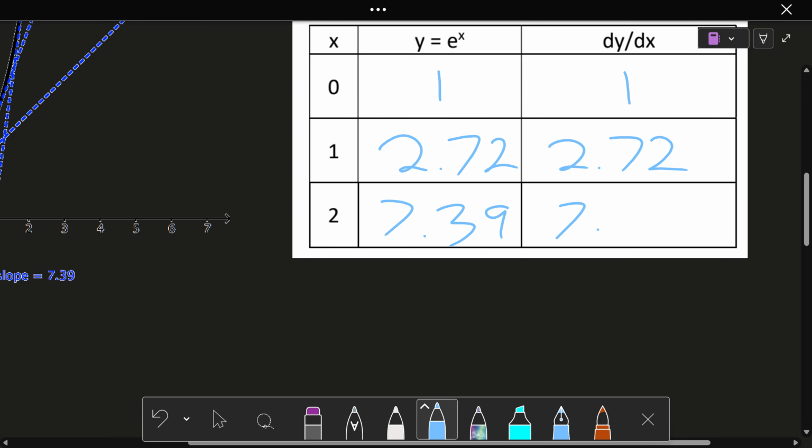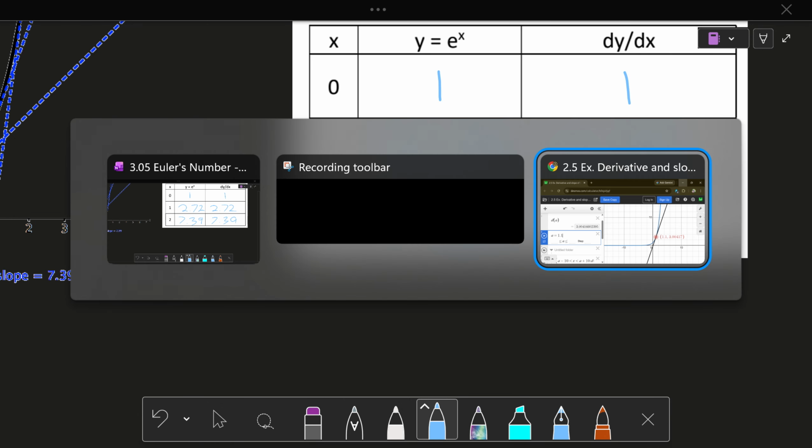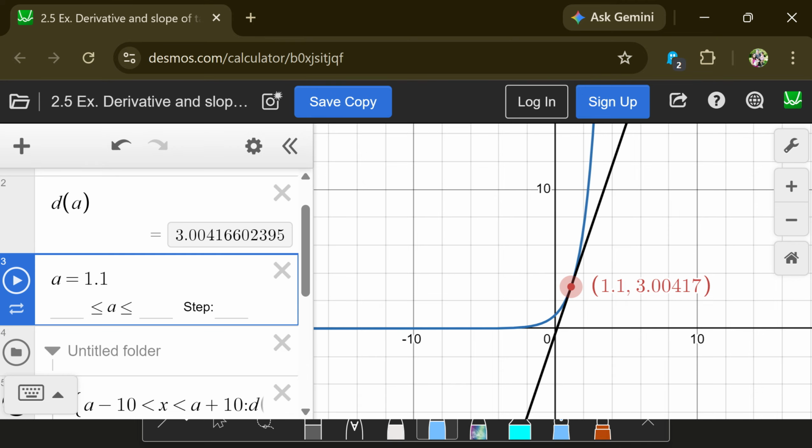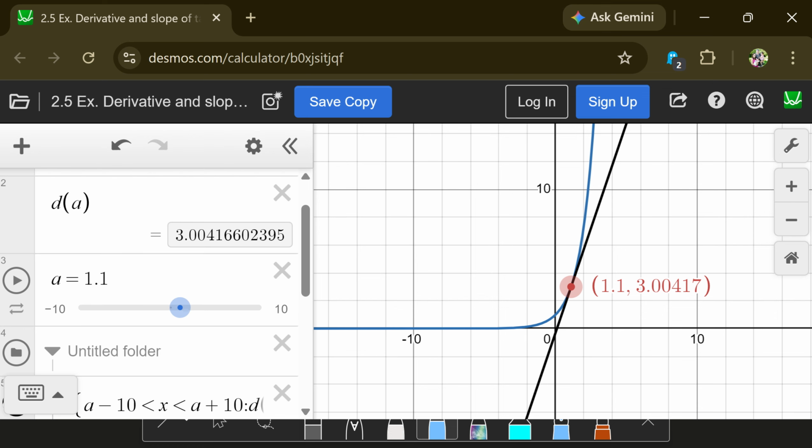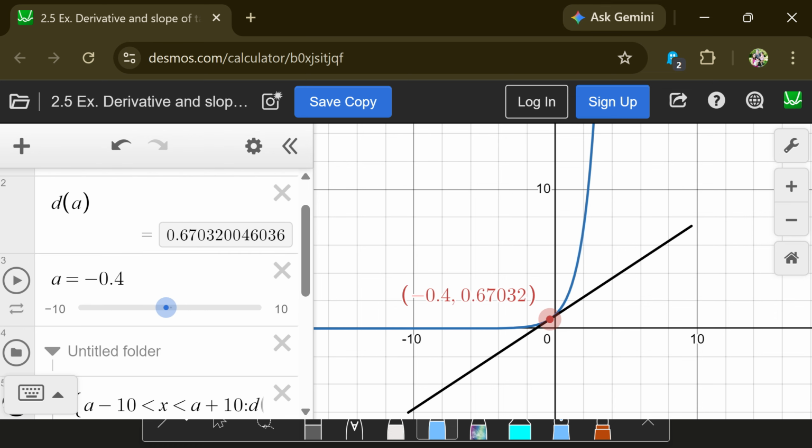So what does this tell us? And does this work for all points? Well, if we look at the Desmos graph I've set up here, d of a is the derivative at point a, and on my graph you can see the y value. As I play around and move this a value, you can see that my derivative and my y value are the same.